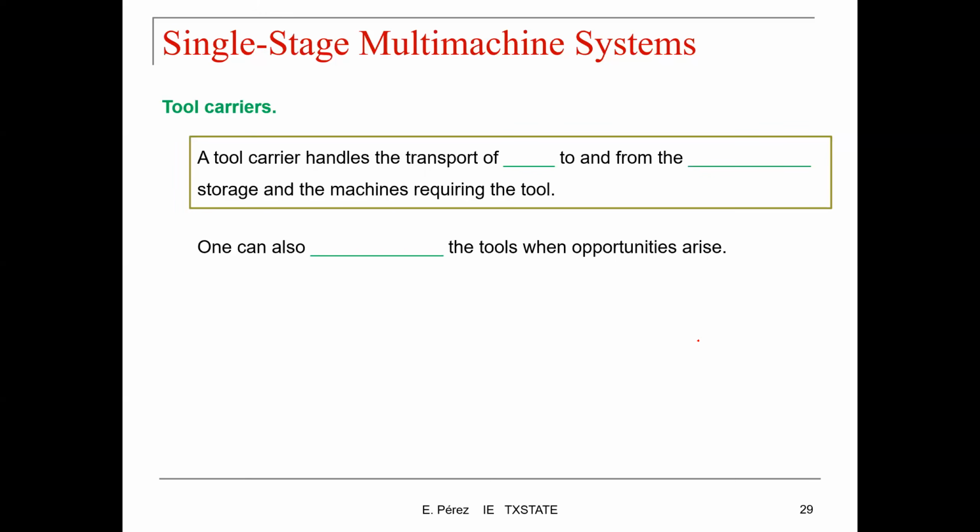A tool carrier handles the transport of tools to and from the centralized tool storage and the machines requiring the tool. One can also reallocate the tools when opportunities arise.